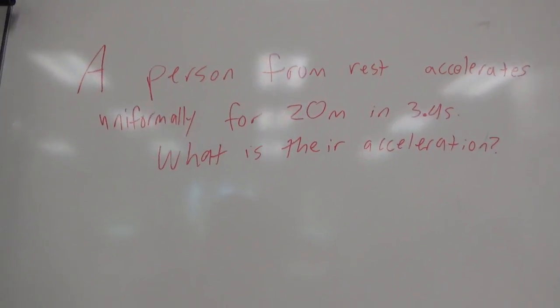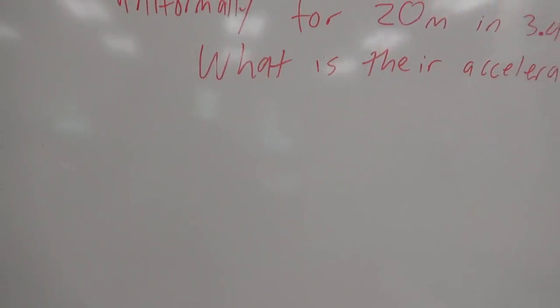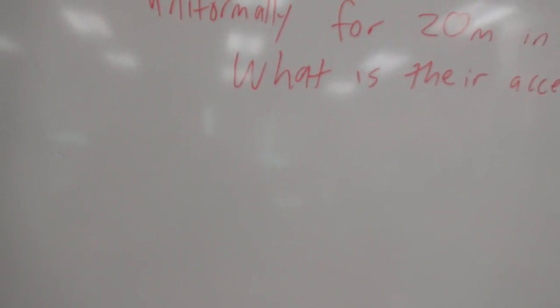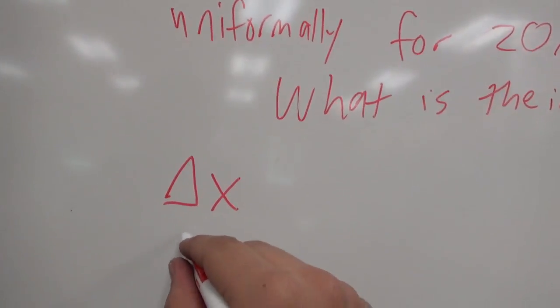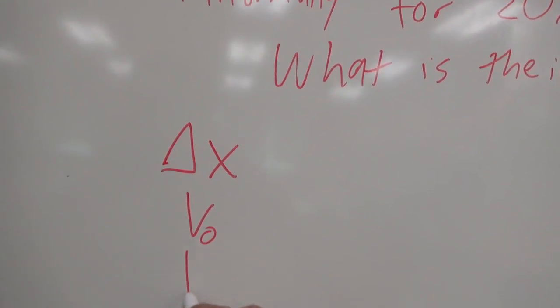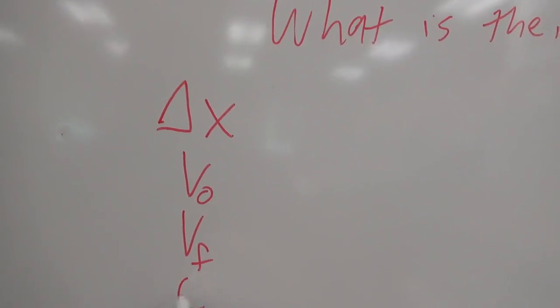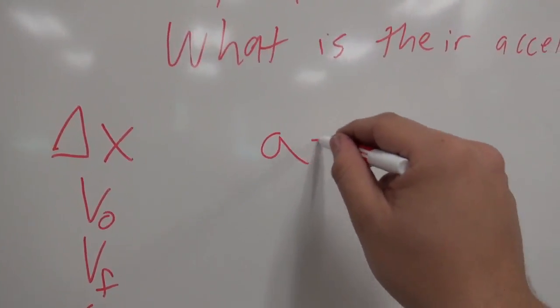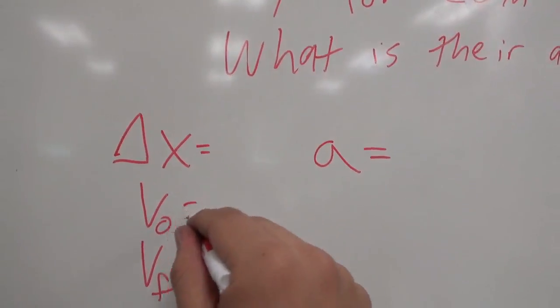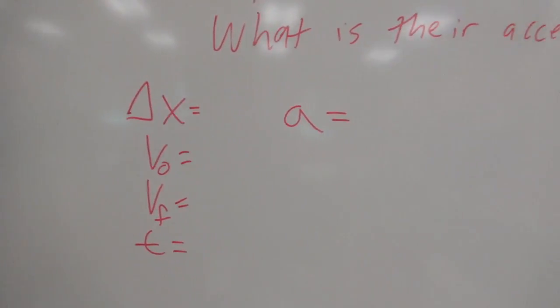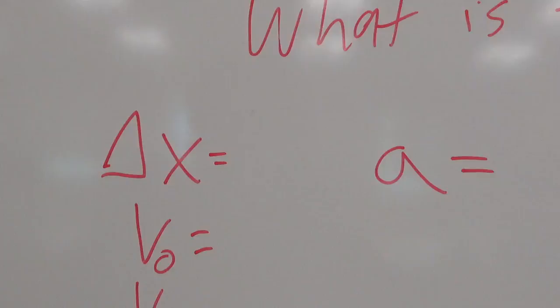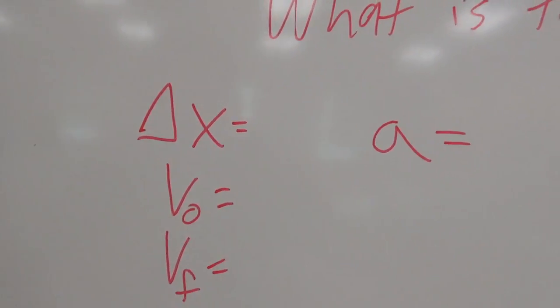I know what it's giving me. Okay. What I usually start off with on a problem like this is I list the different types of variables. Let me actually define some of these for you real quick. Okay. Delta x, that's our displacement, right?